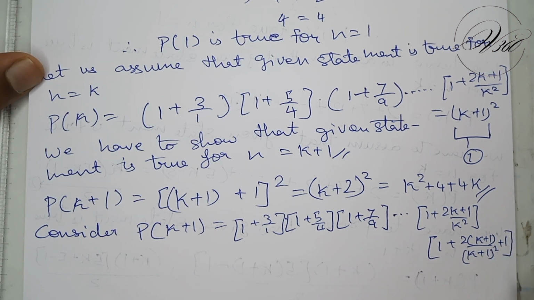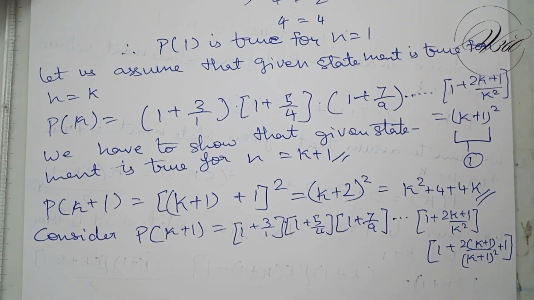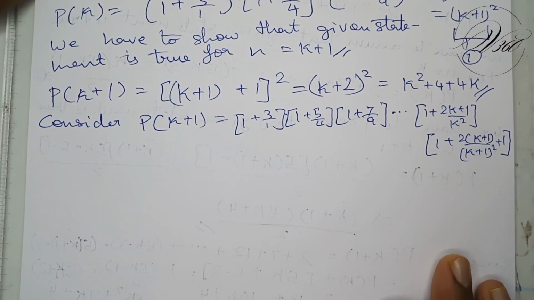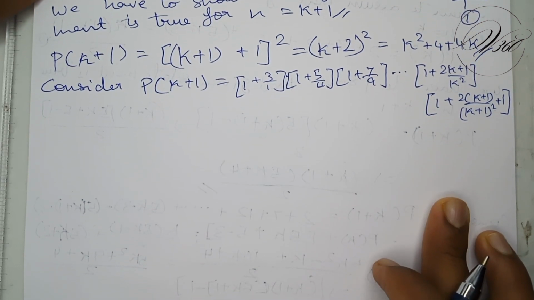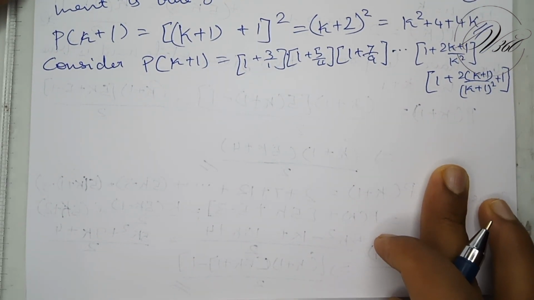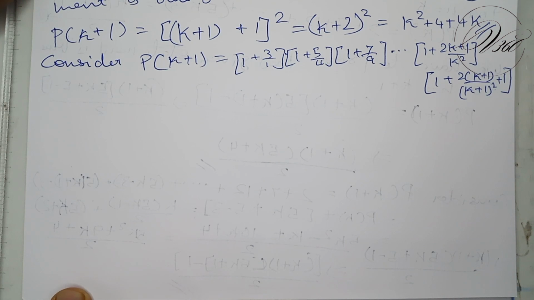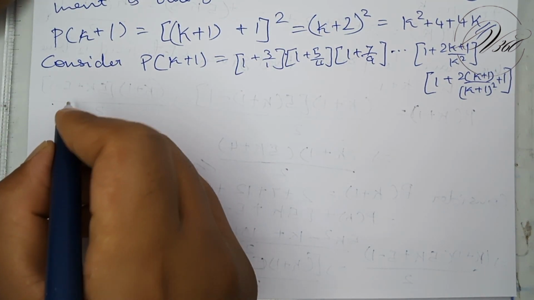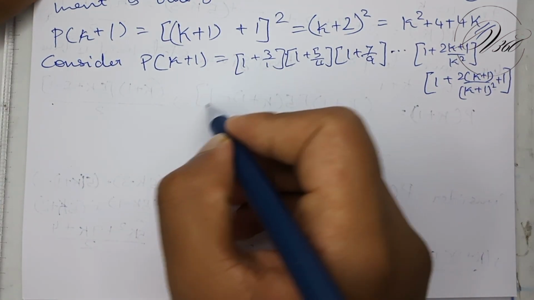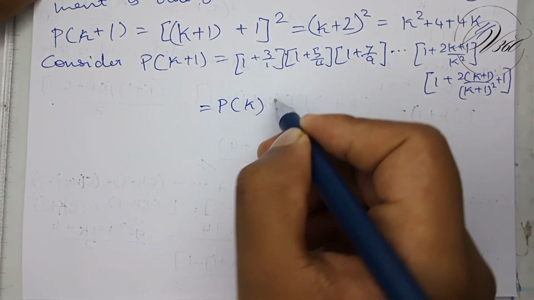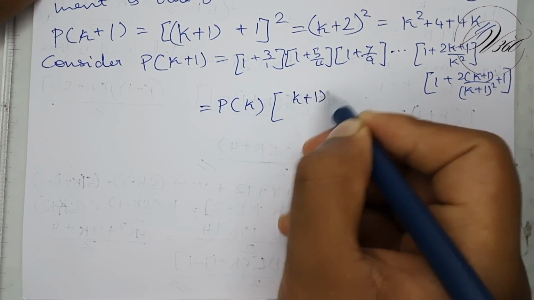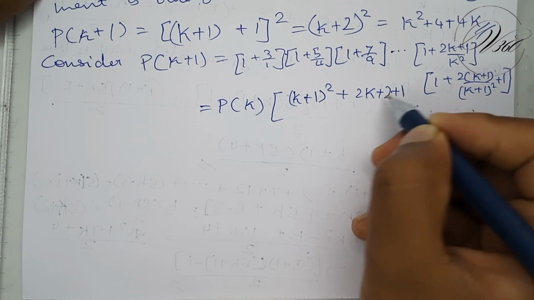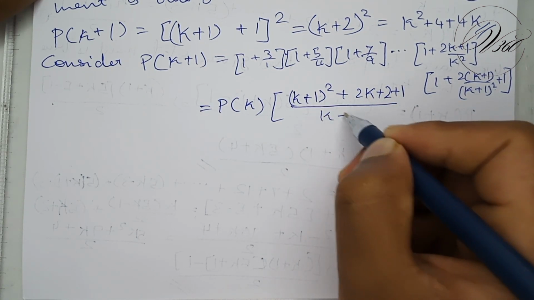Okay, now here, wait a second, I will raise it up and continue. Yeah, so now here we have considered, no? Okay, now here P(k plus 1) is equal to (k plus 1) whole square plus 2k plus 2 plus 1 over (k plus 1) whole square.